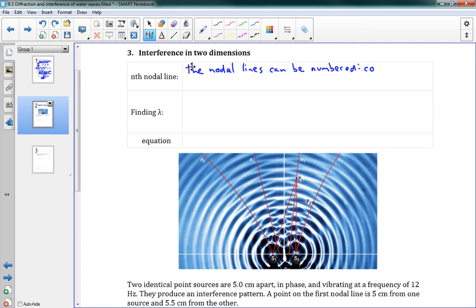The way it works is you count outward in one direction, starting with number 1 closest to the middle.